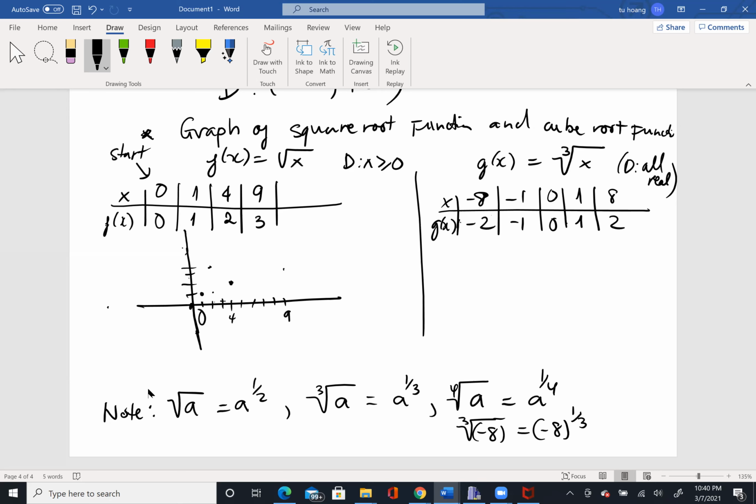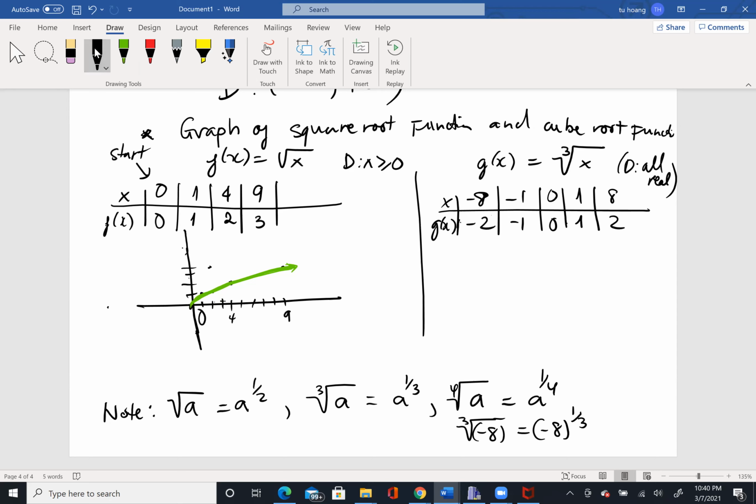So to graph, we'll go like this, and it keeps going up, but not quickly. That is the graph for f of x.